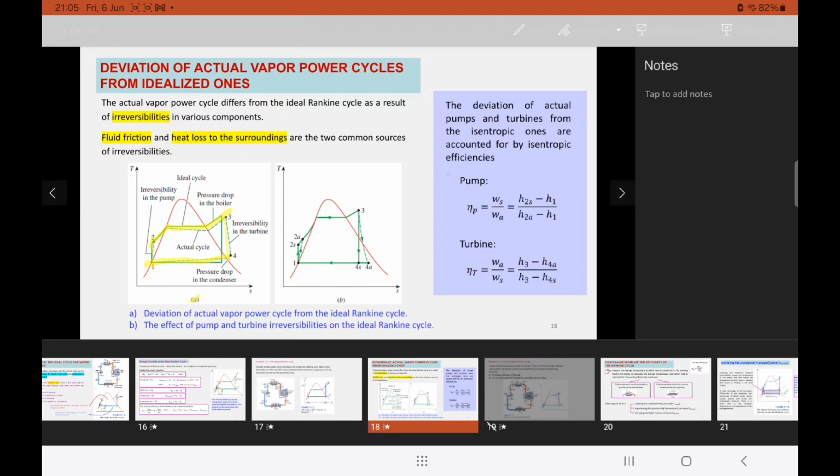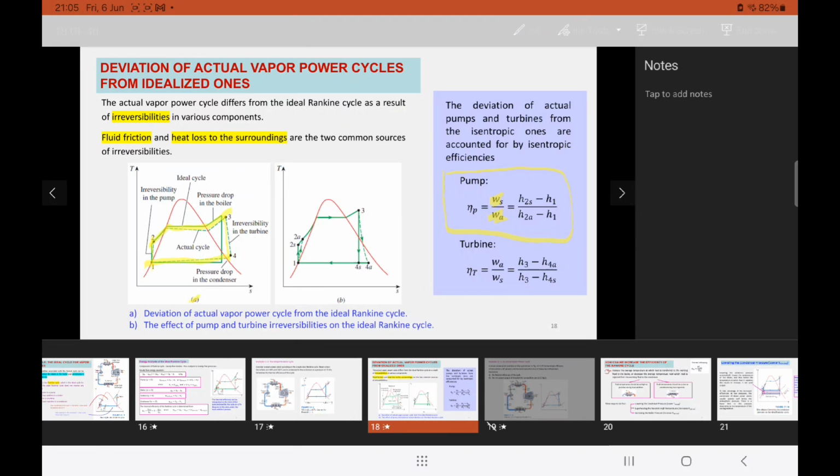As you can see here in the pump, the isentropic efficiency of the pump is defined as the ratio of the work input required to raise the pressure to a specified value in an isentropic manner, Ws, to the actual work input.